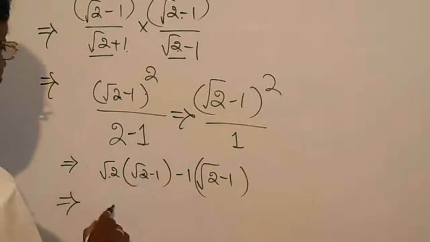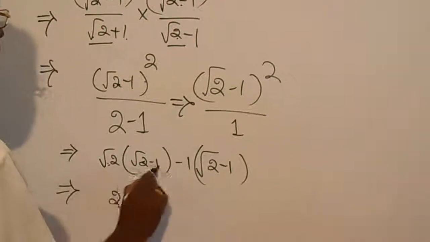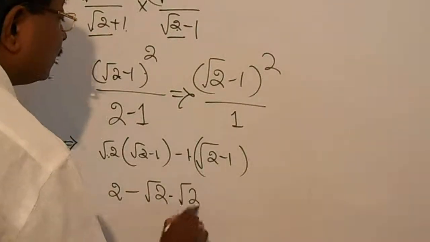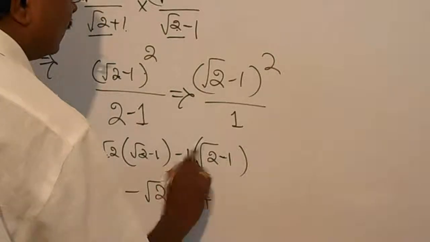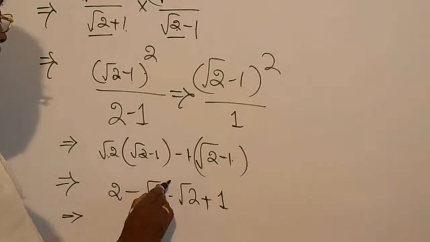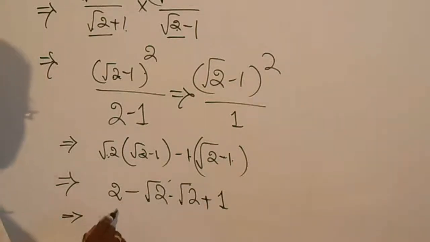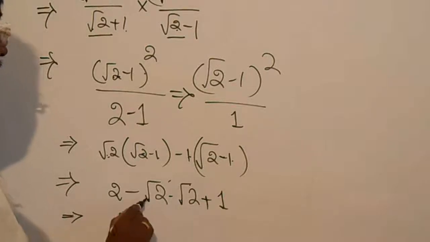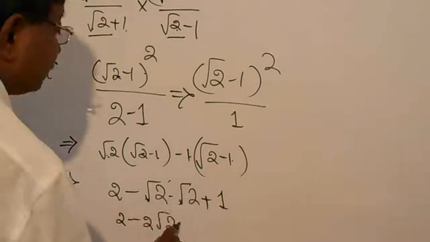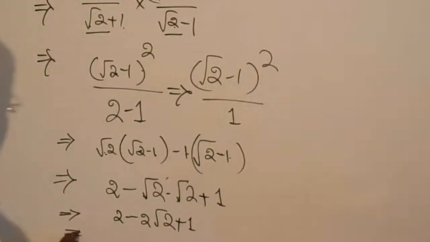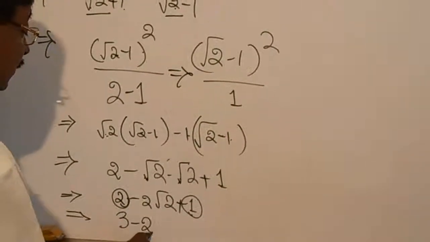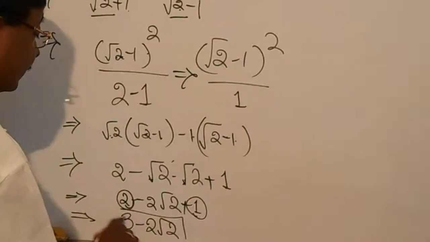Root 2 into root 2 is 2, minus root 2, 1 into root 2 is minus root 2, minus into minus is plus, 1 into 1 is 1. We get minus root 2 and minus root 2, that is 2 minus 2 root 2 plus 1. Still simplified, 2 plus 1 is 3, so 3 minus 2 root 2 is the answer.